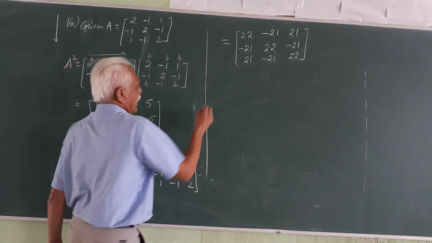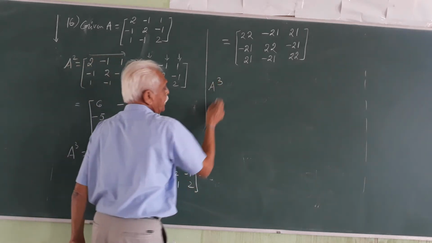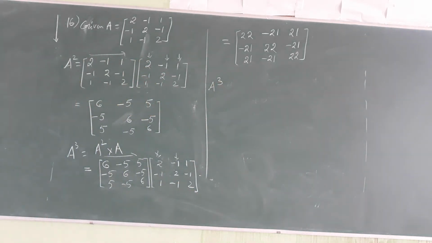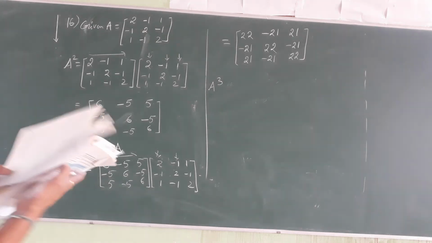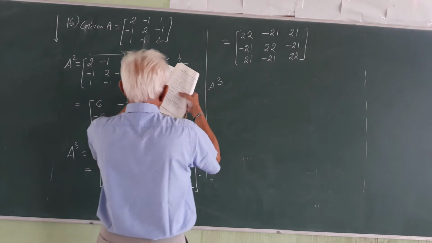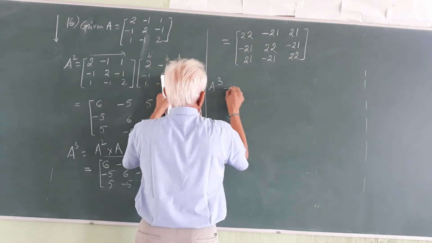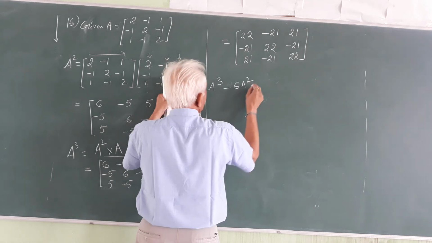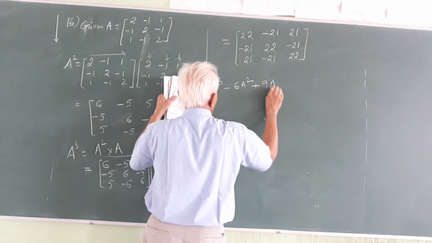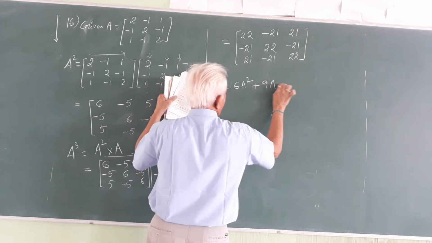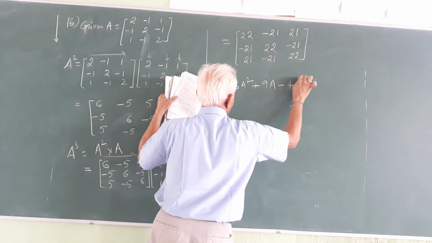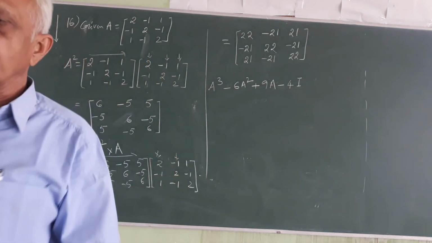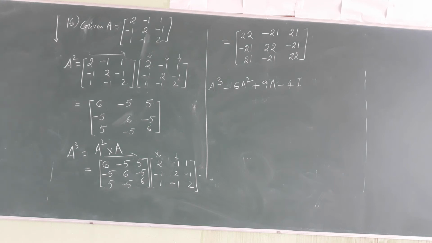Now what is required? A cube minus 6A square plus 9A minus 4I equal to O, we have to show.